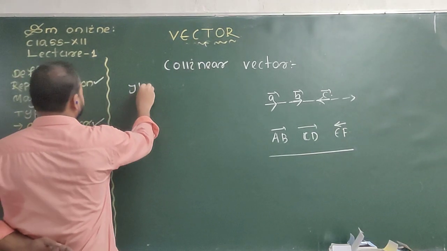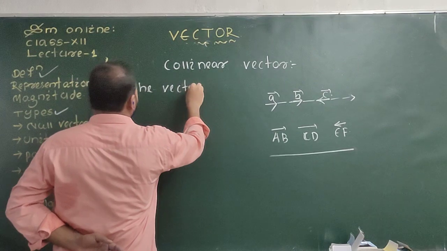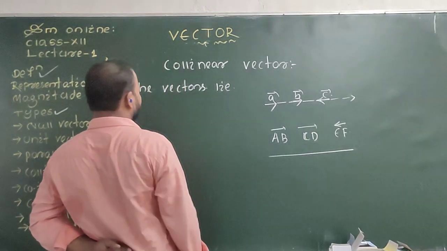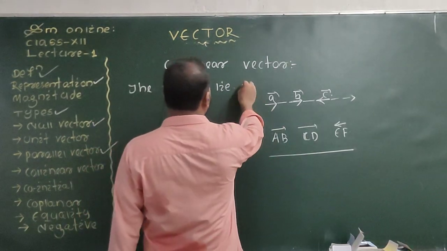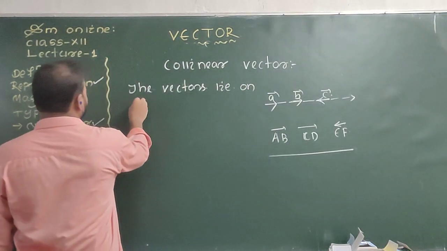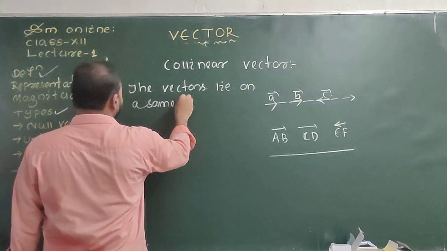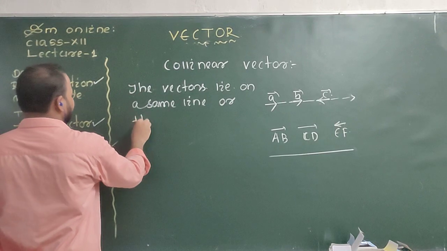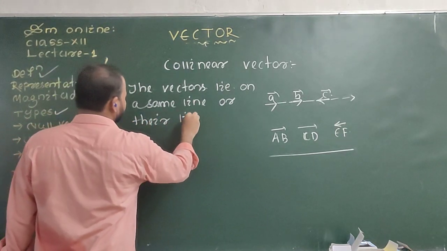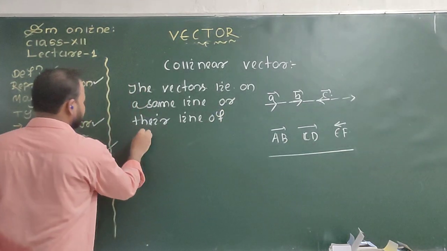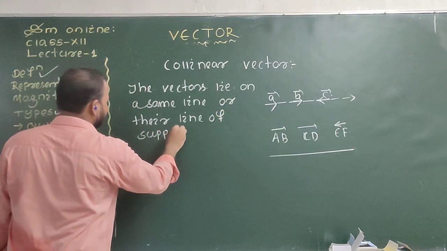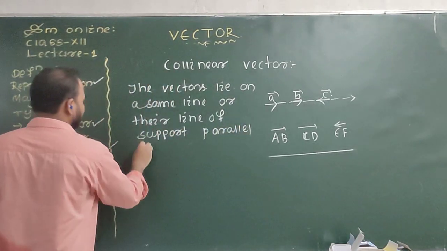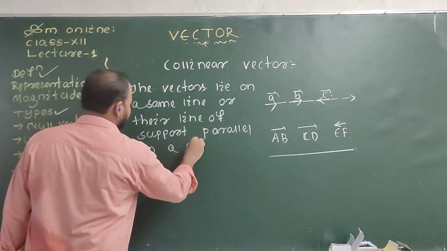The vectors, a number of vectors, all the vectors lie on the same line, or their line of support is parallel to a given line.